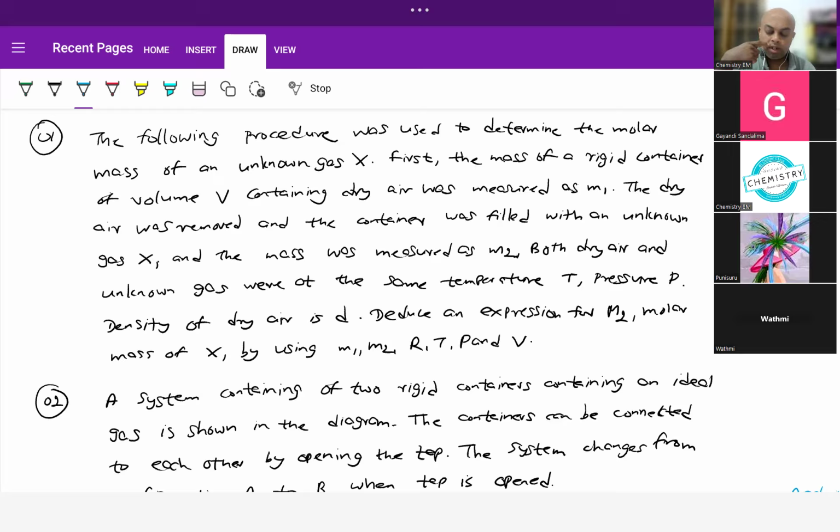Both dry air and unknown gas were at the same temperature T and pressure P. The density of dry air is D. Deduce an expression for capital M, the molar mass of X, by using M1, M2, R, T, P, and V.